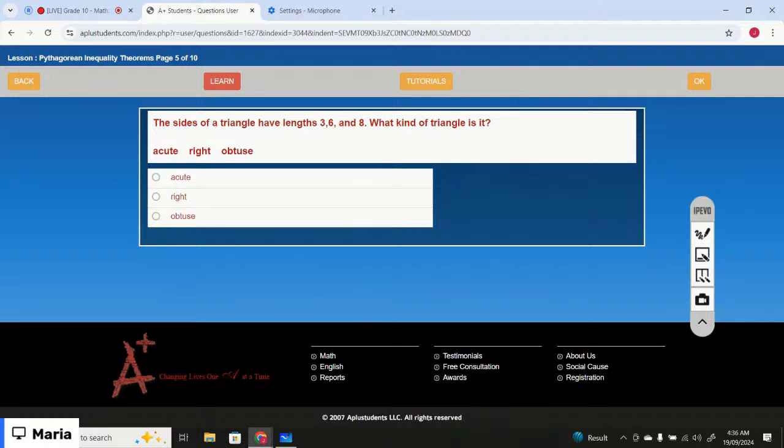That is obtuse triangle. Option number 3 is the correct option, right? Obtuse triangle it is. Okay, you can complete the lesson by yourself better today. Let me just move on to the next lesson.